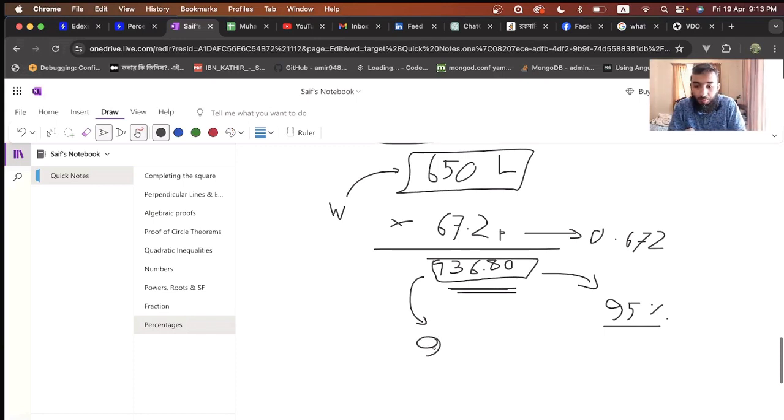So 95% would be what? 95 by 100 multiplied by this amount, which is 436.80, right?